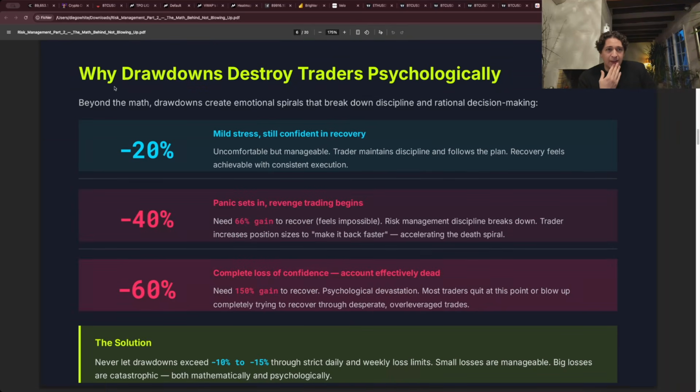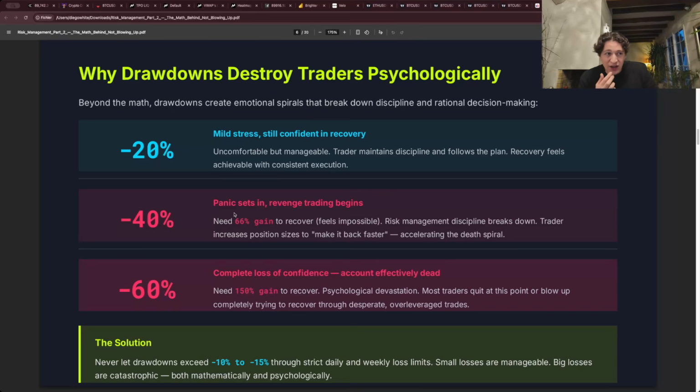And yes, drawdowns destroy trader psychology, and this is the thing that also made me lose a lot of money in the past, because when you're in a drawdown, psychologically you're impacted and you forget about risk management, and you just try to get back. At 20% you have mild stress, still confident in the recovery, but you will try to make it.